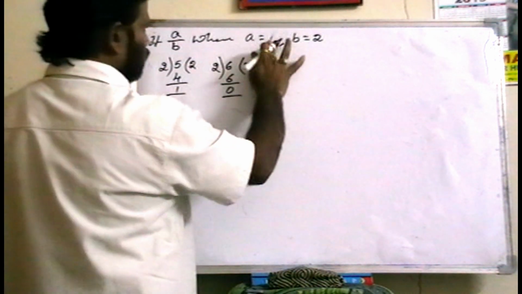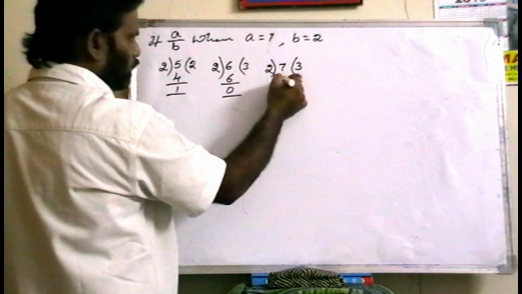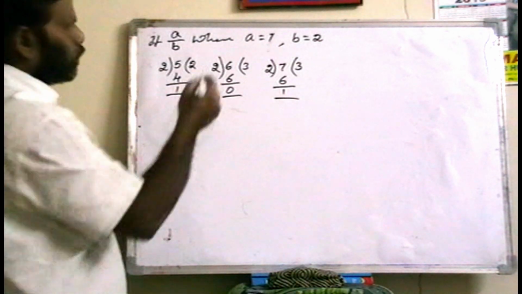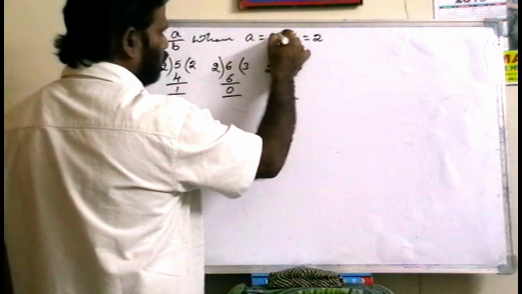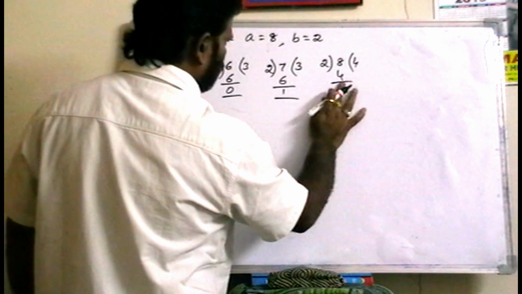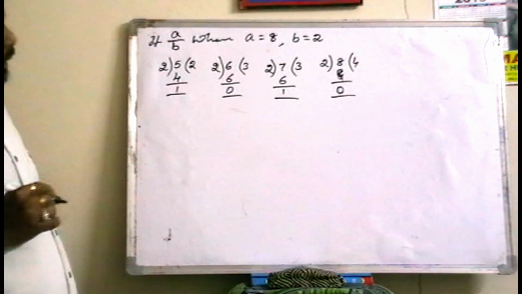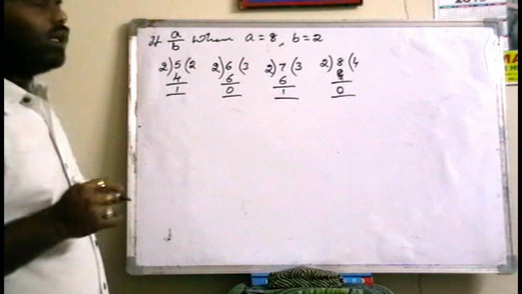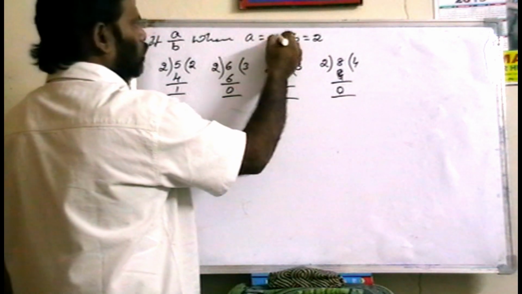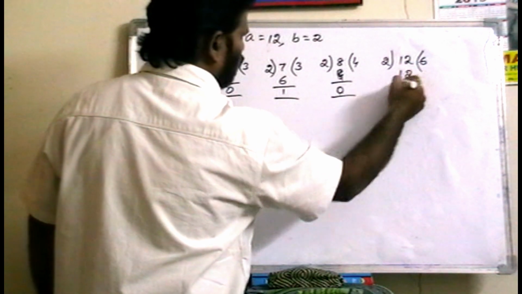If A is equal to 7, 7 divided by 2, 2 3s are 6, remainder again 1. If A is equal to 8, 8 divided by 2, 2 4s are 8, remainder 0. If you take any other number, suppose A is equal to 12, 12 divided by 2, 2 6s are 12, again we get remainder 0.